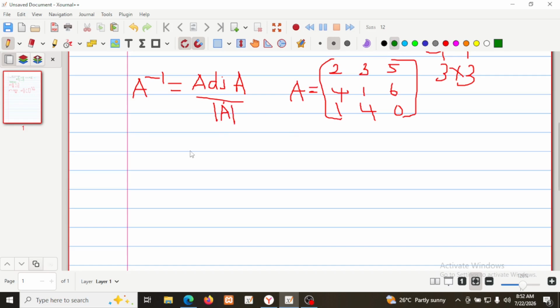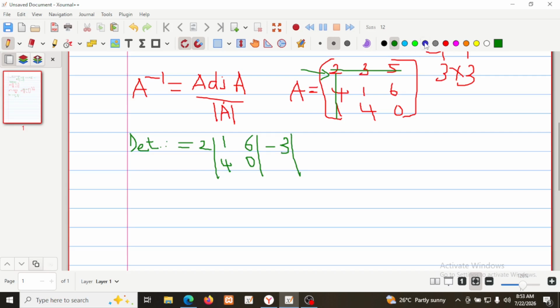We'll use green color. So the determinant of this matrix, we can select any row. Let's take the first row. We'll have 2. Then when you cover this row and this column, we remain with 1, 6, 4, 0. So we'll have 1, 6, 4, 0, then minus 3.